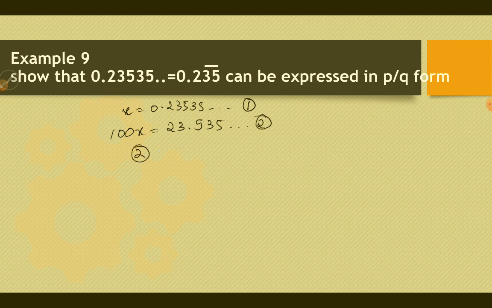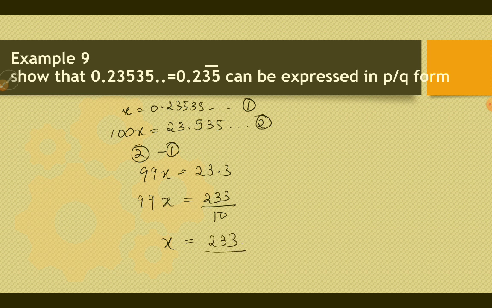So 2 minus 1 is 99x is equal to 23.3. 23.3 can be written as 233 by 10. So x is equal to 233 by 99 into 10, which is 990, which is in p by q form.